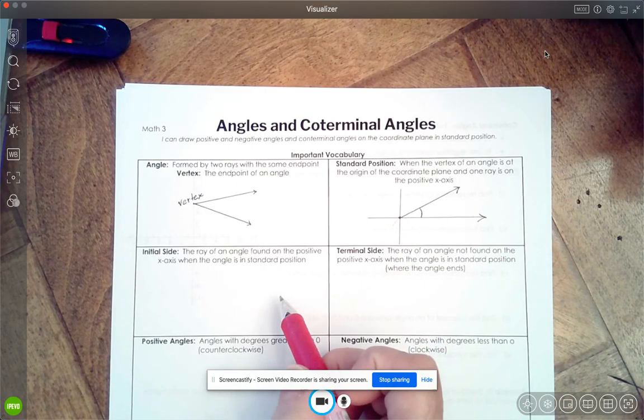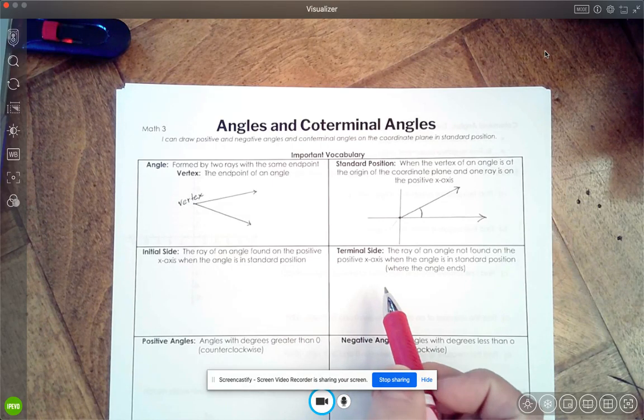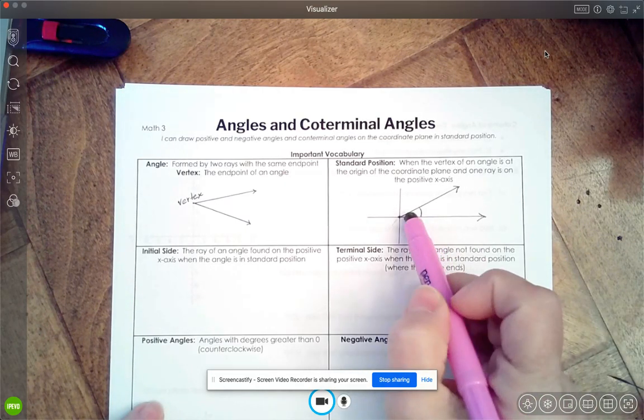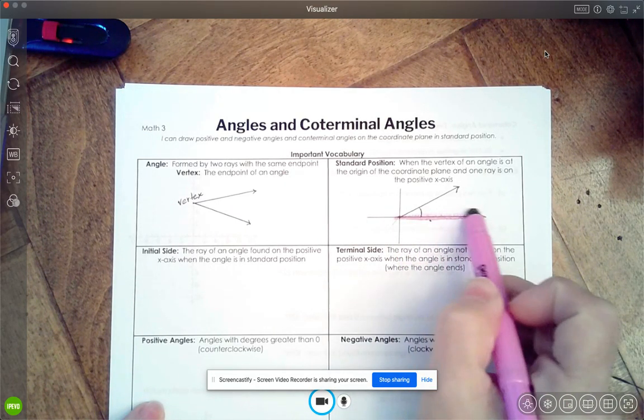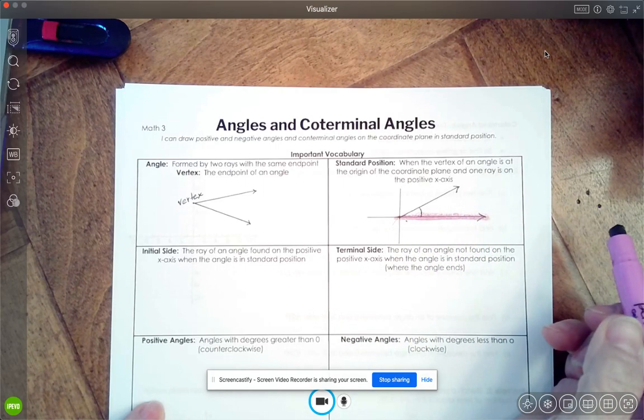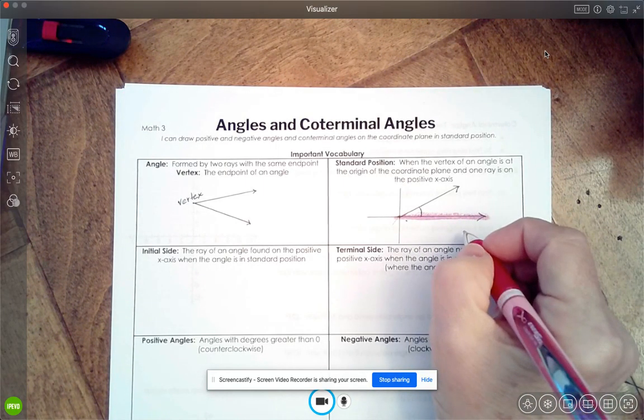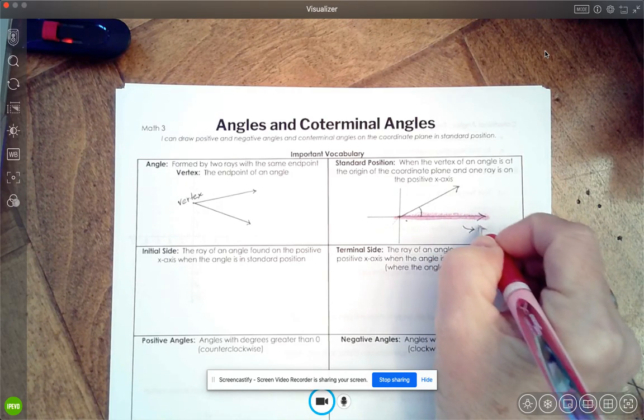Now, the initial side and terminal side. I'm going to go back and use what we had up here. This one right here, where I started, is going to be my initial side.